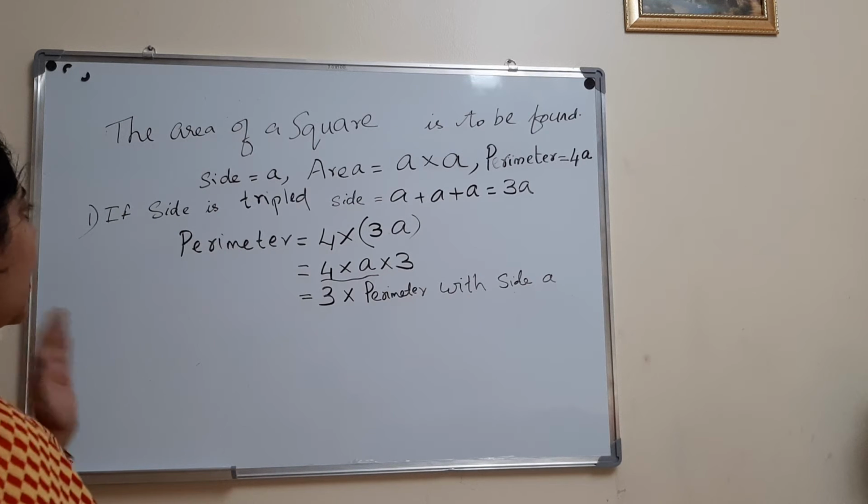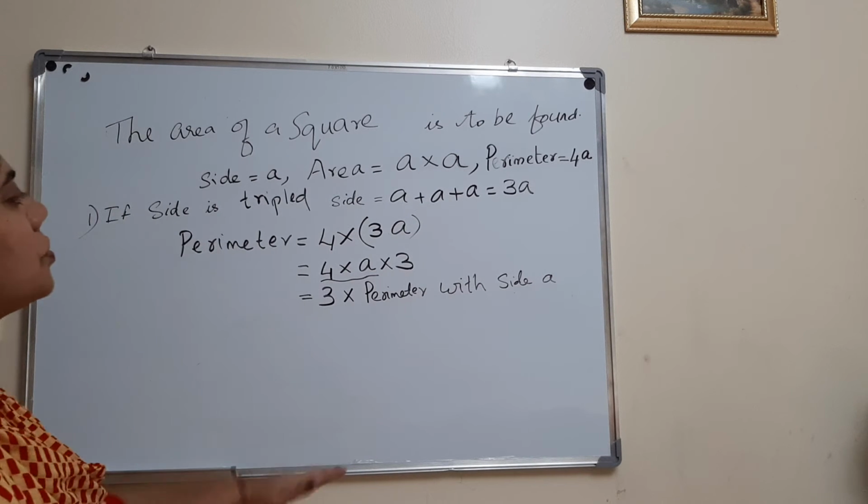So when the side is tripled, the perimeter also gets tripled.